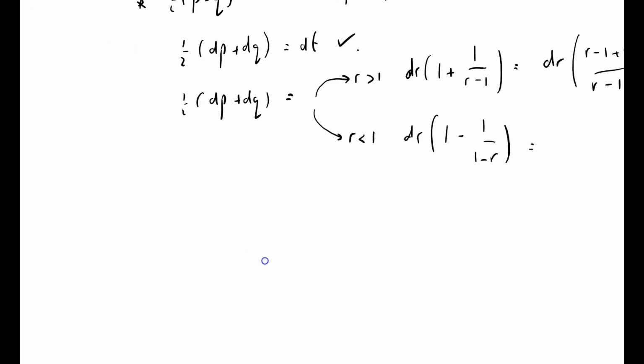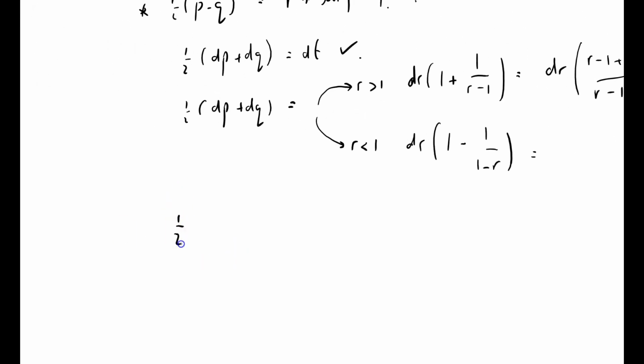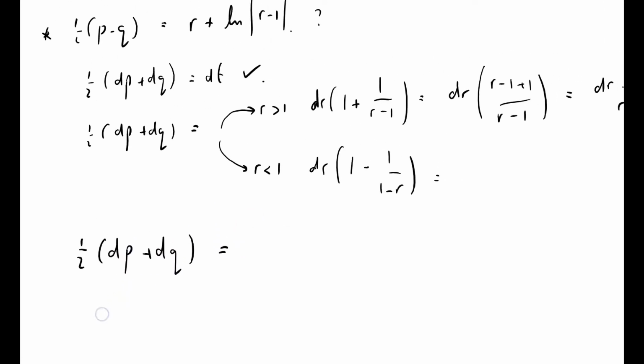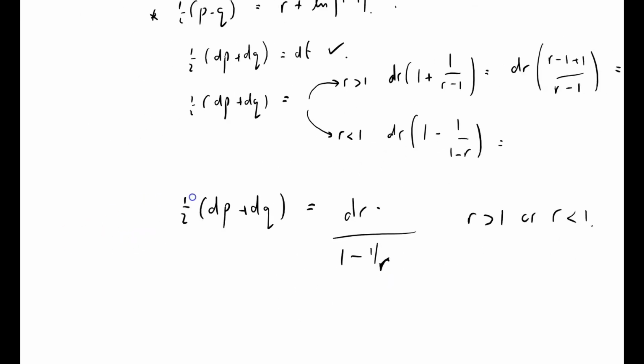How can we use that? Let's just write it out. dP minus dQ equals dR times 1 over 1 minus 1 over R, whether R is greater than 1 or R is less than 1. I guess the only place it fails is if R equals 1 exactly, which you'd expect because something rather peculiar happens there in this coordinate system.